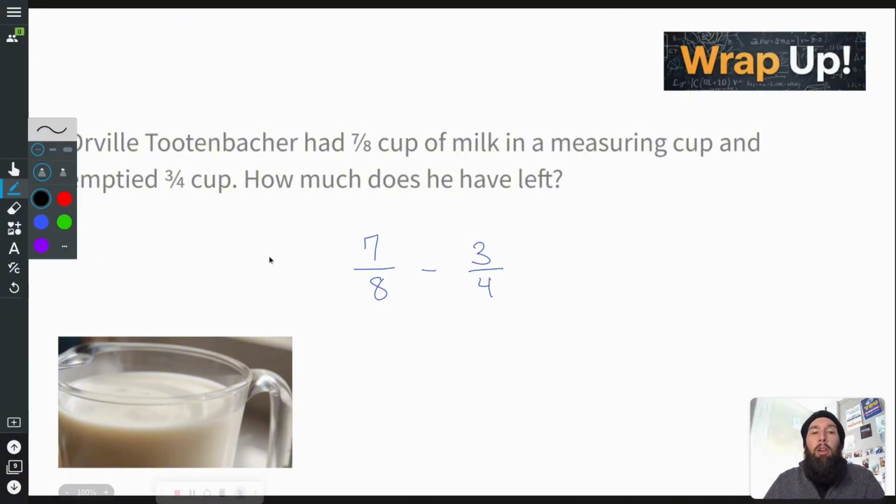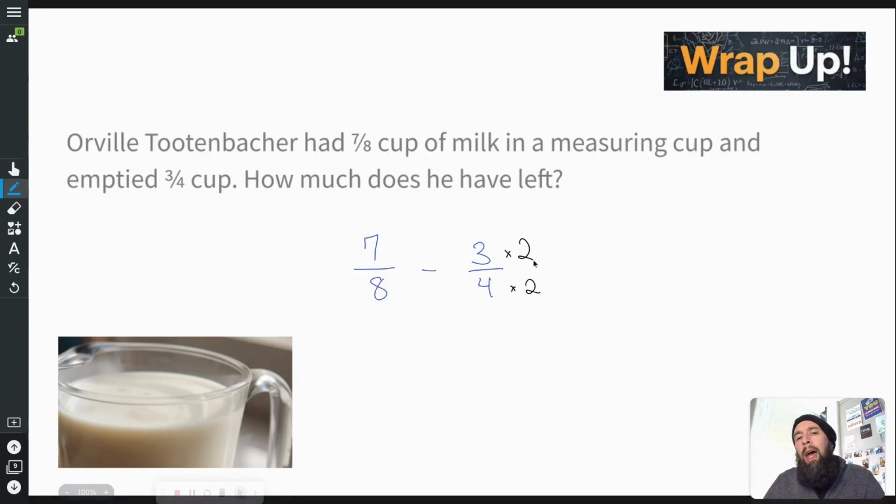I can easily turn 4 into 8 by multiplying by 2, so I have to do that as well. So 7 over 8 doesn't change, minus 3 times 2 is 6, and 4 times 2 is 8. 7 minus 6 is 1. Keep the 8. So we have 1/8 of a cup left over.